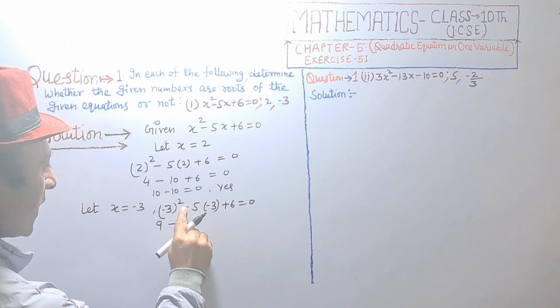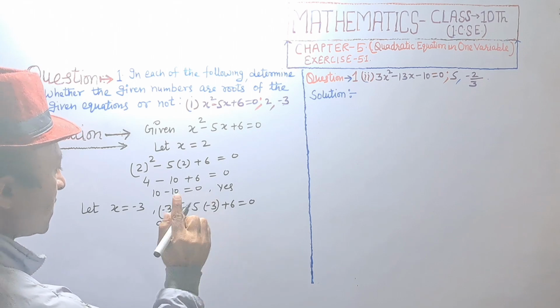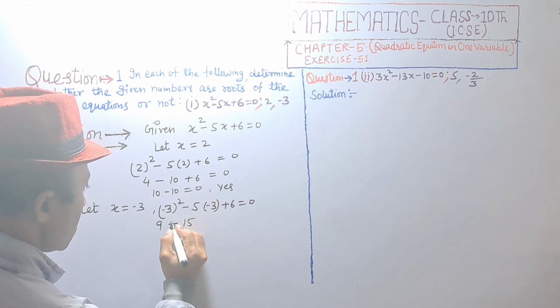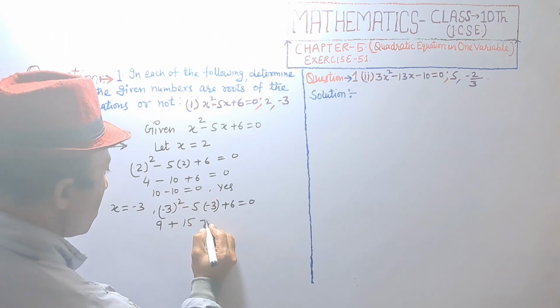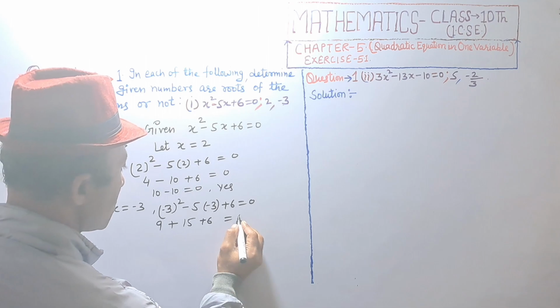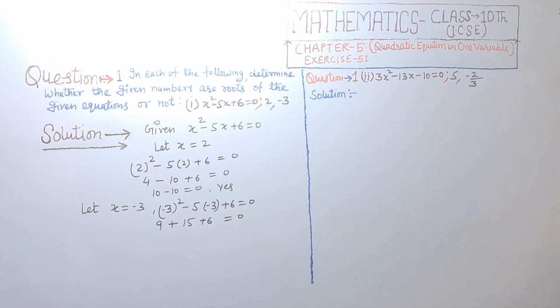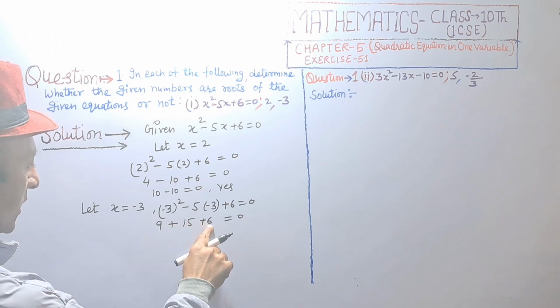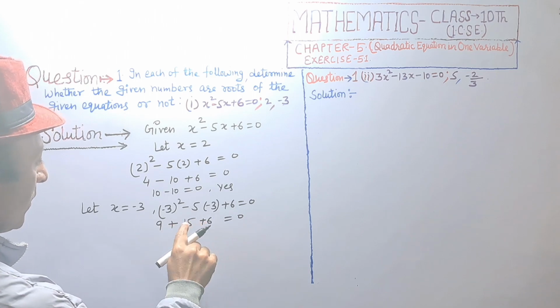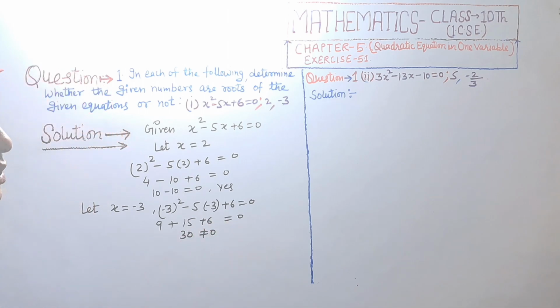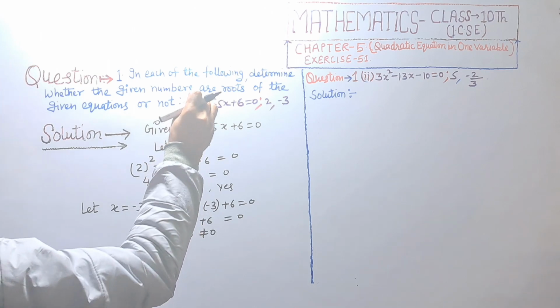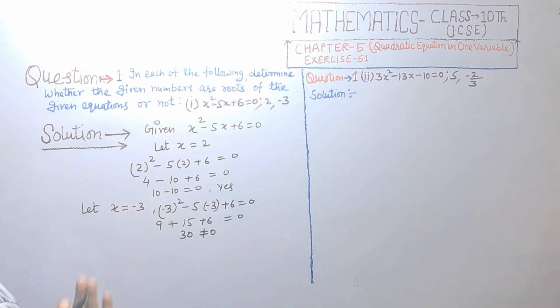Minus into minus is plus. 5 3s are 15, positive 15, plus 6 is equal to 0. But 9 plus 6 is 15, and 15 plus 15 is 30. This is not equal to 0. 30 is not equal to 0. It's not a root of the given quadratic equation.